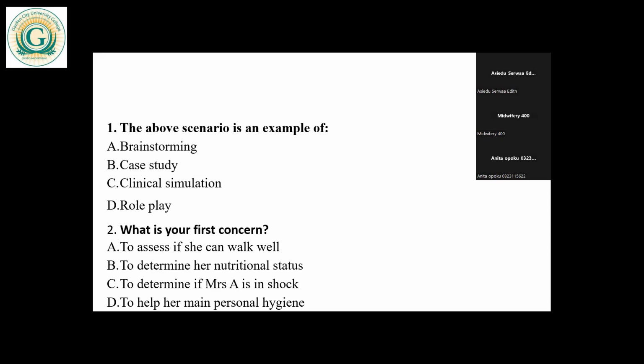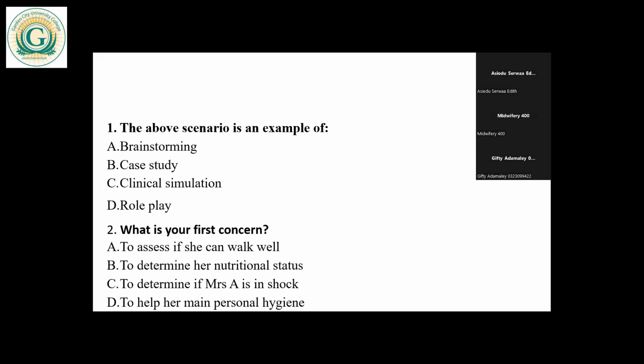Thank you. Okay. Sir, please, I also want to add. My answer is to also determine if Mrs. A is in shock. All right. The reason is that in the scenario, as a midwife, a client comes in, she's a non-attendant. So I'm taking this from the perspective of the ward when the patient comes with this concern.